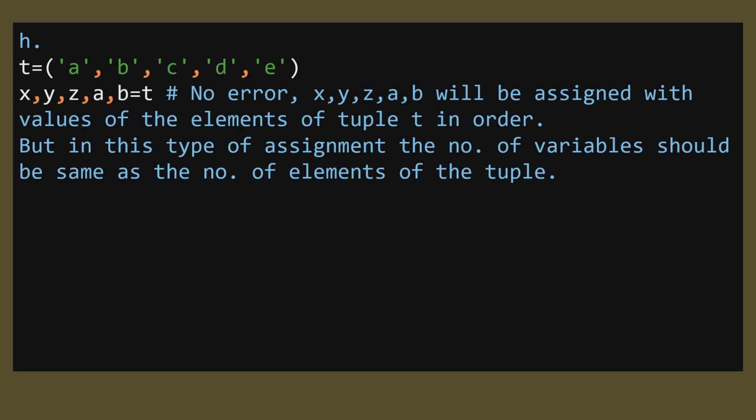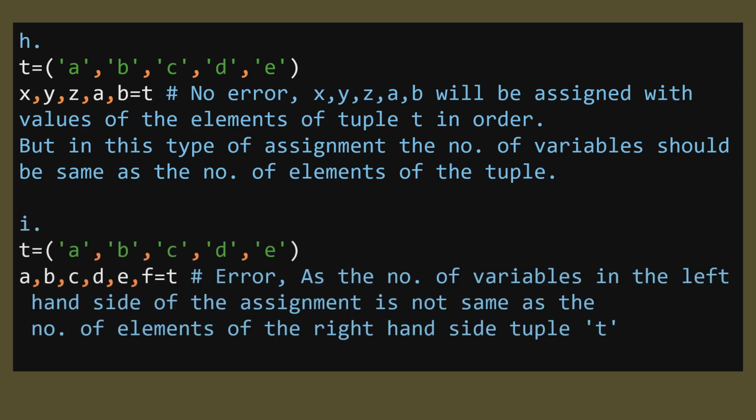That means x will be assigned the value 'a', y will be assigned the value 'b', and so on. Now b will be assigned the value 'e'. So this type of assignment is correct, but you have to remember that the number of elements in the tuple should be the same as the number of identifiers that you have mentioned on the left hand side of the assignment. Now let's move on to the next question.